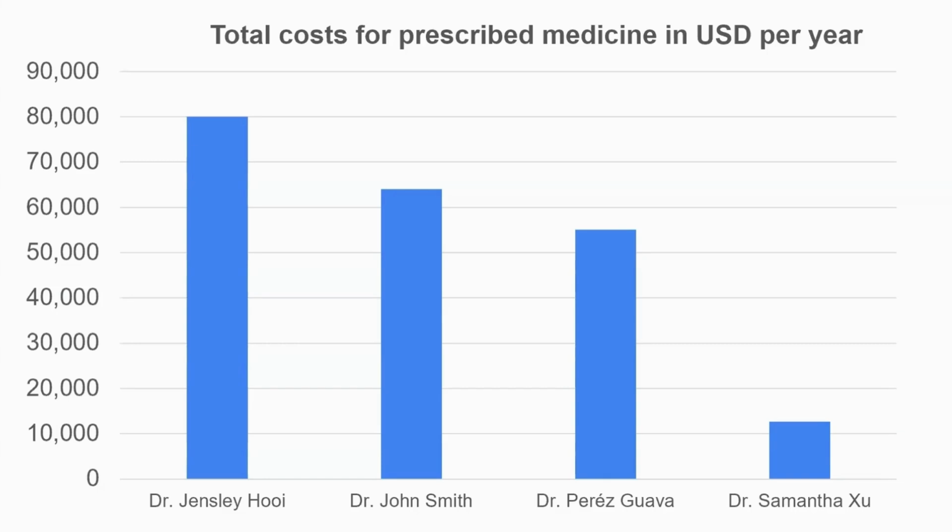Let's begin by discussing a common yet fundamentally flawed method of comparing healthcare providers. Often, providers are evaluated using a single parameter, such as the total cost of prescribed medicine. While this might seem straightforward, it is overly simplistic and can lead to misleading conclusions.